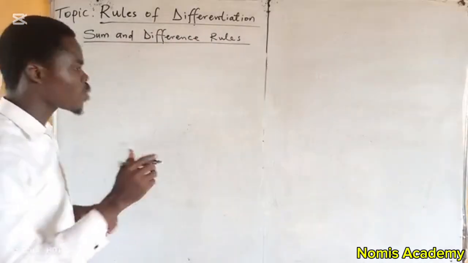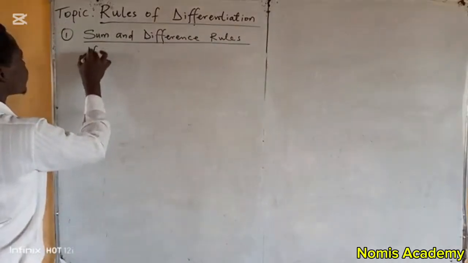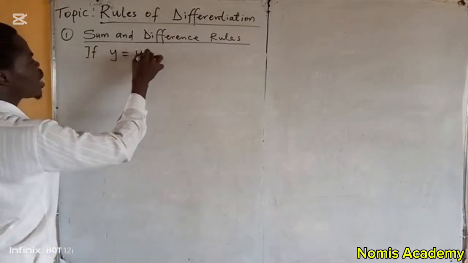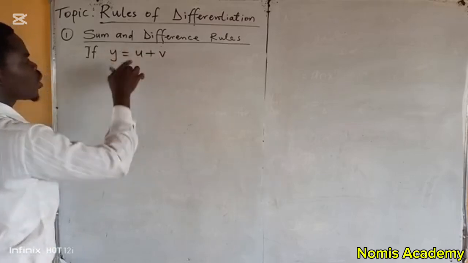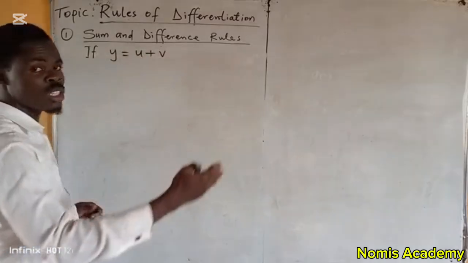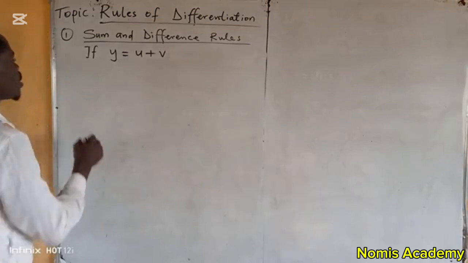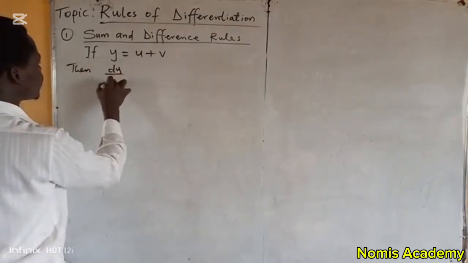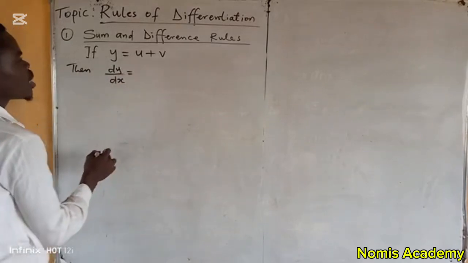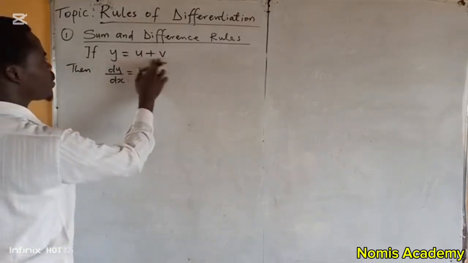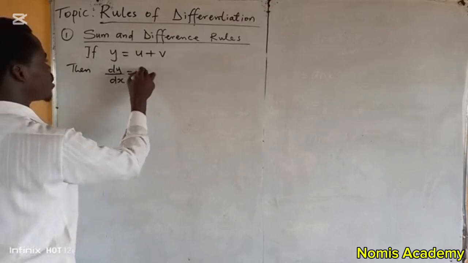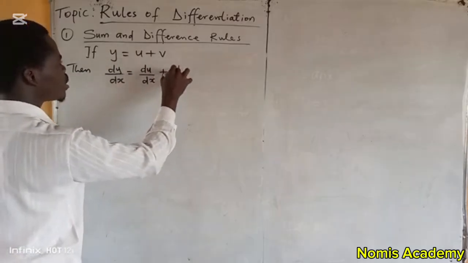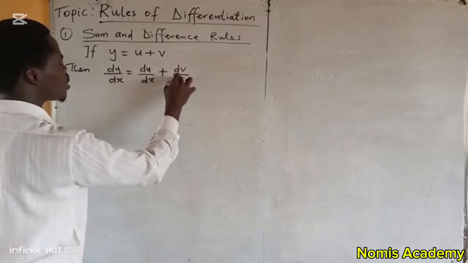Alright, so if y is a function of u and v, where u and v are also functions of x, then the derivative is going to be the sum of their derivatives, du over dx plus dv over dx.